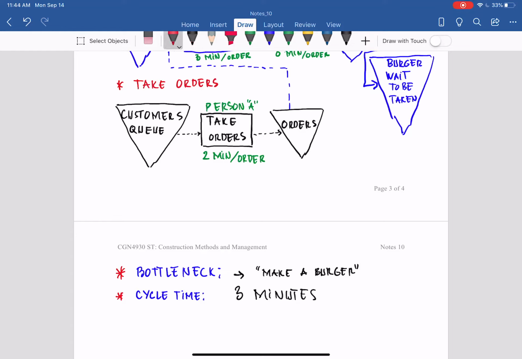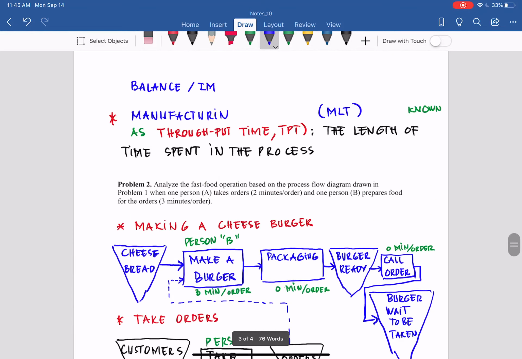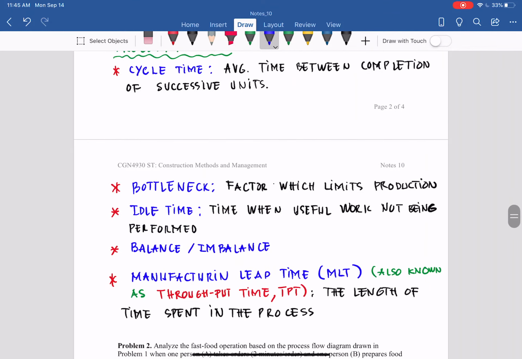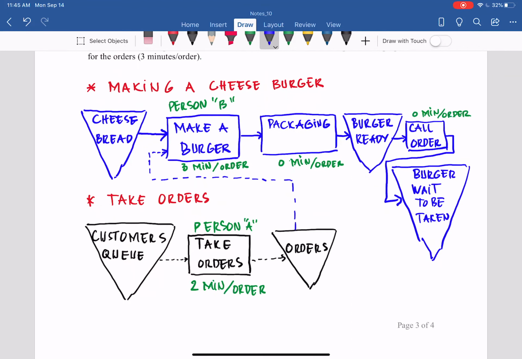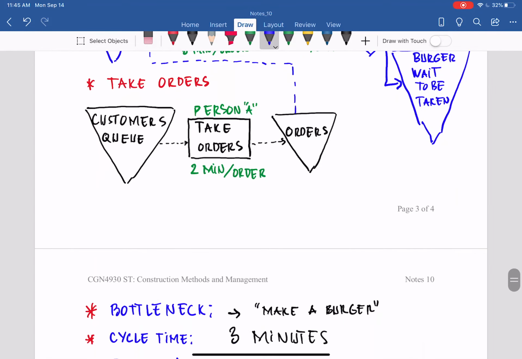The next question is, what is idle time? What is the definition of idle time? It is the time when work is not being performed. You can see person A only takes 2 minutes per order, while person B takes 3 minutes per order. So person A has some time to wait, and that is considered idle.